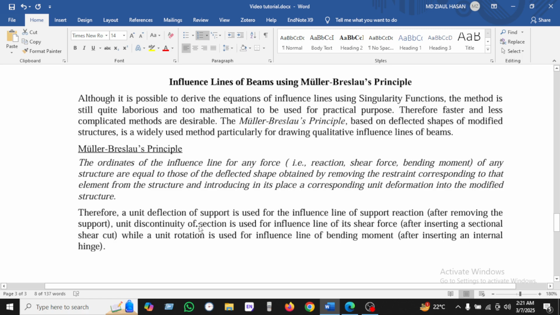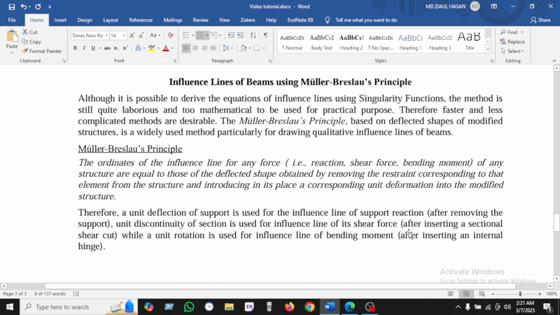Therefore, a unit deflection of support is used for influence line of support reaction after removing the support. Unit discontinuity of the section is used for influence line of shear after inserting a section shear cut, while unit rotation is used for influence line of bending moment after inserting an internal hinge.